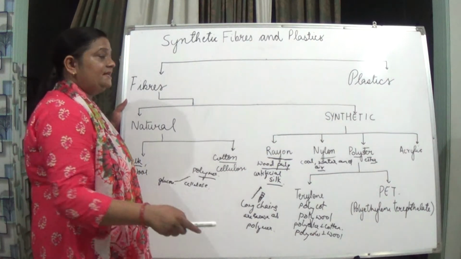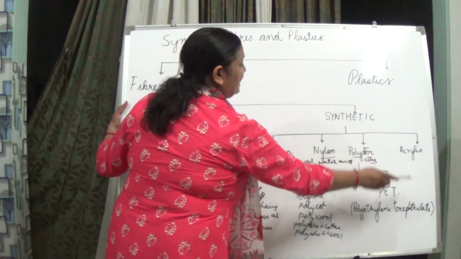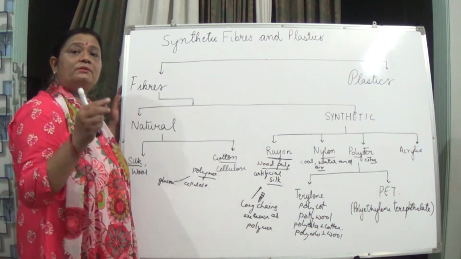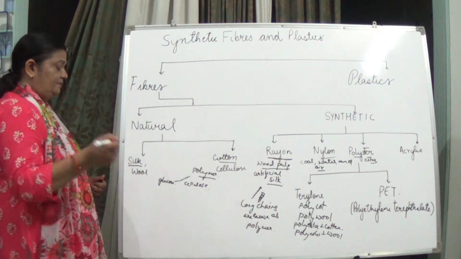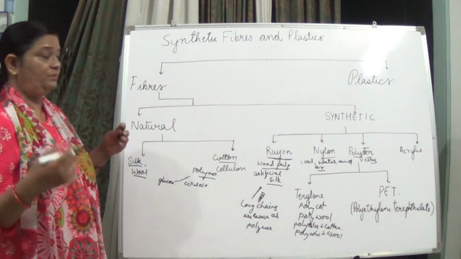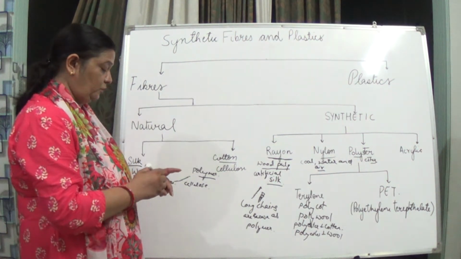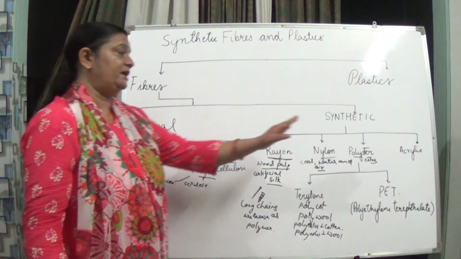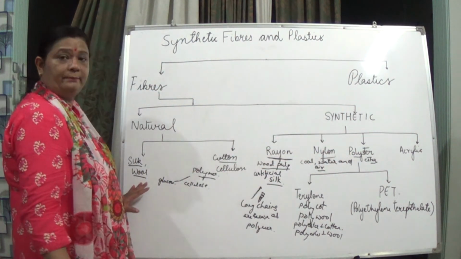Okay. Now, the next synthetic fiber is acrylic. Basically, we talk about the natural fiber wool. We make sweaters, we make shawls, everything from wool. It is well and fine. But acrylic is the substitute of wool only.